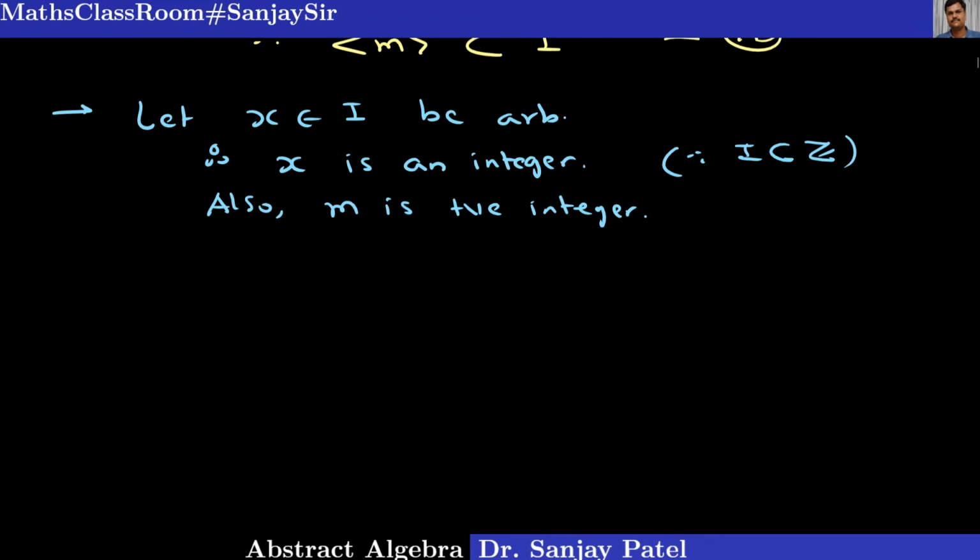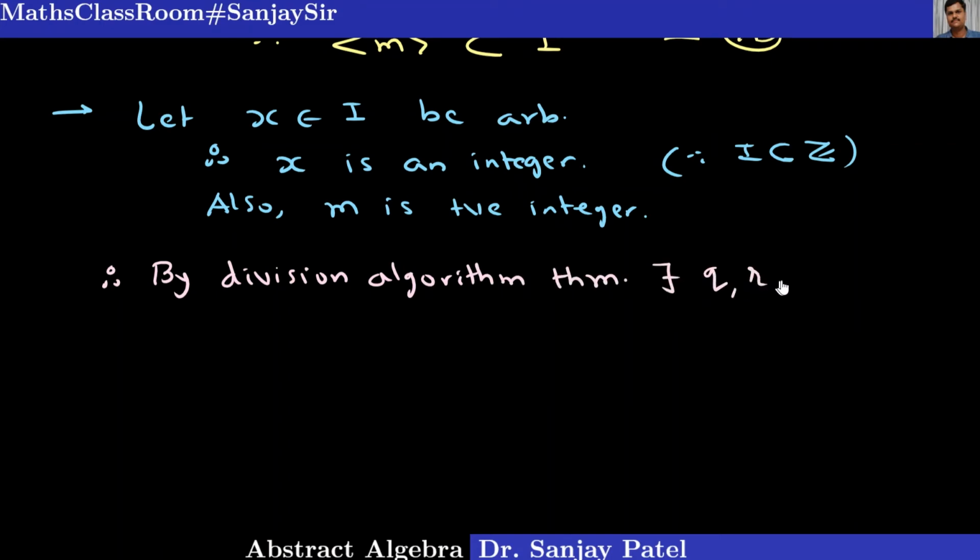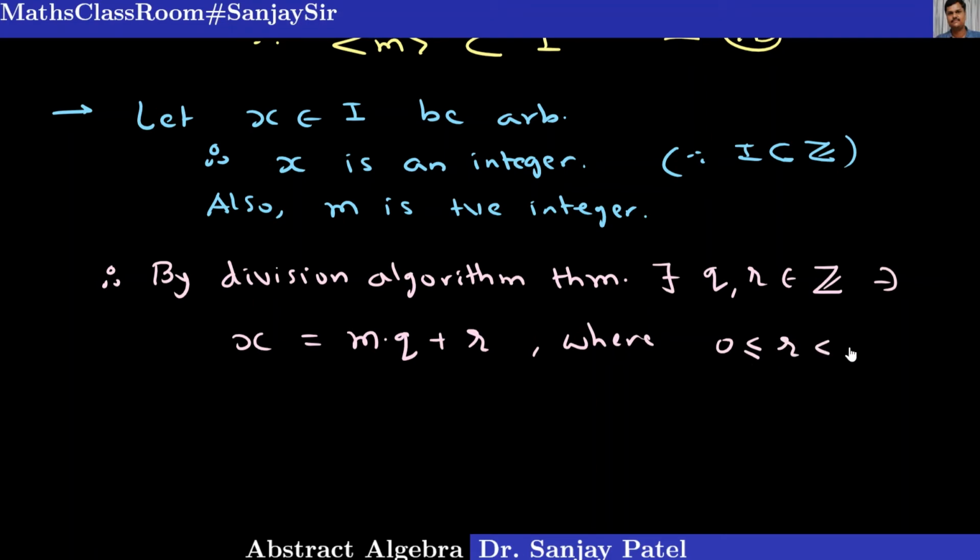By the division algorithm theorem, we know from number theory, there exist integers q and r belonging to Z such that I can write x is equal to m into q plus r, where r is the remainder, so 0 is less than or equal to r, which is strictly less than m. Okay, this is an important statement.